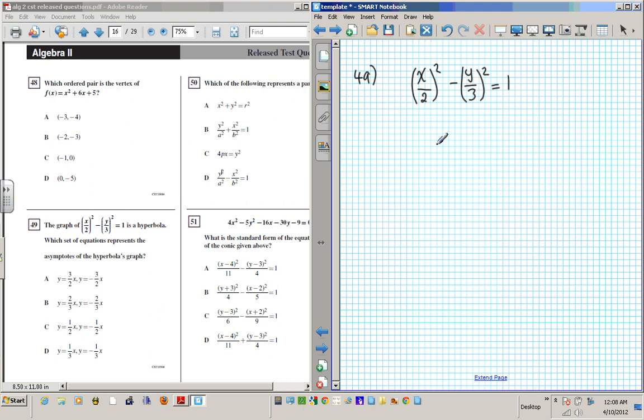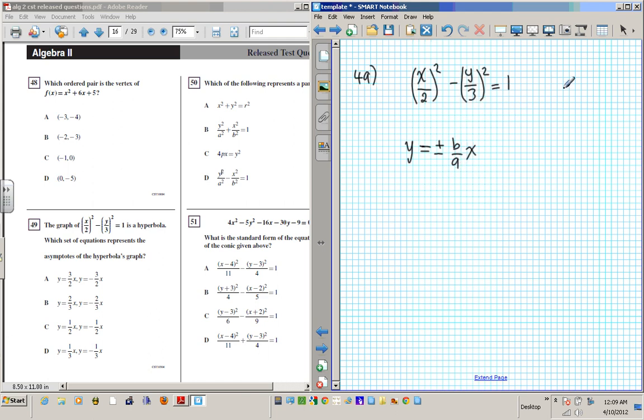Since the center is 0, 0, our asymptotes are going to be really easy. They're going to be y equals plus or minus b over a times x. Remember, b is your rise, and a is your run.